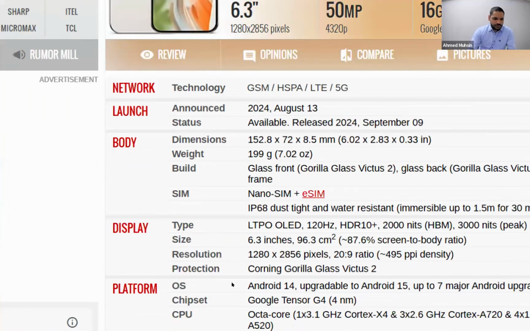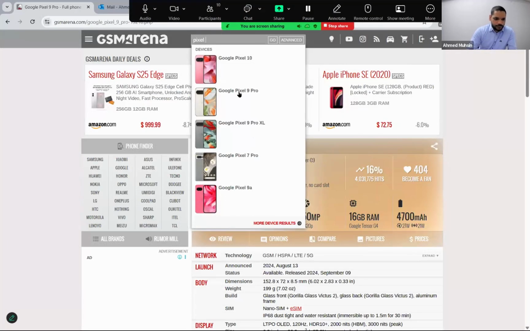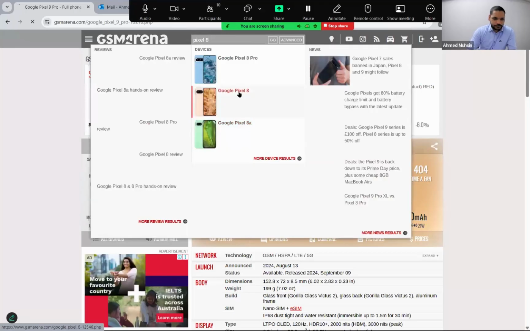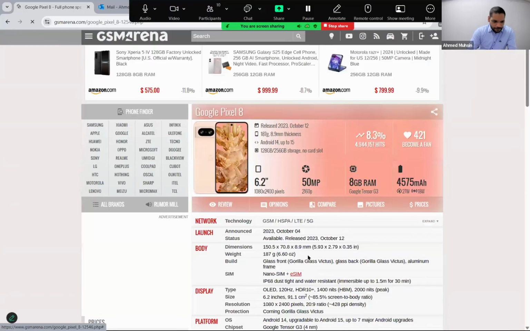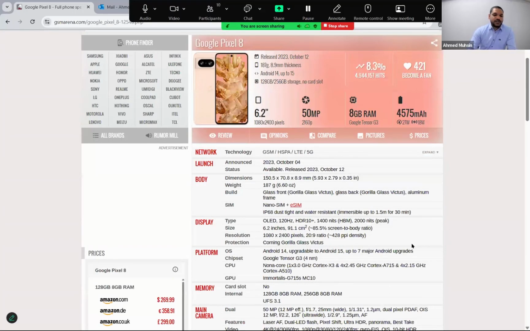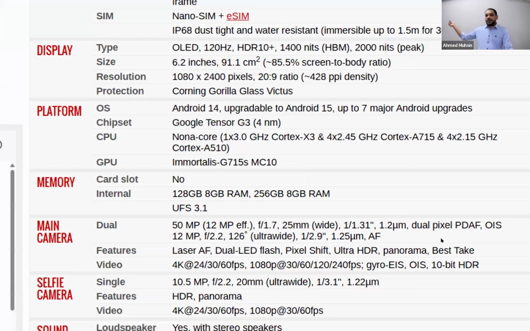They were using Nona-core. So guys, can you all see here? They are using a 9-core processor, which they call Nona-core.